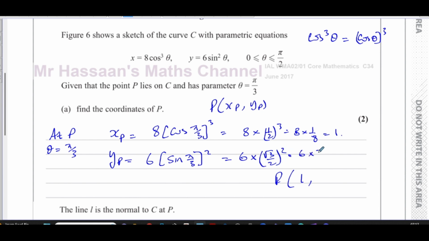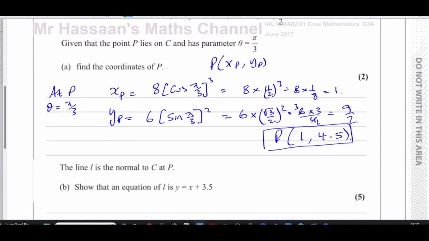That's 18 over 4, which is 9 over 2, the same as 4.5. So those are the coordinates of the point P. That's part A done.